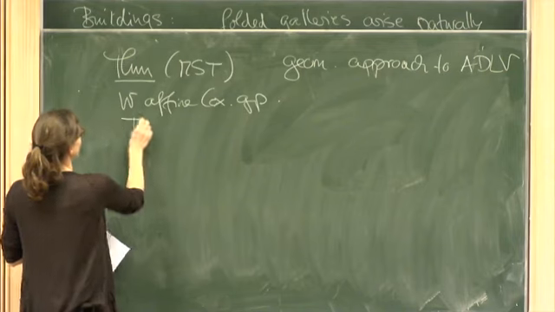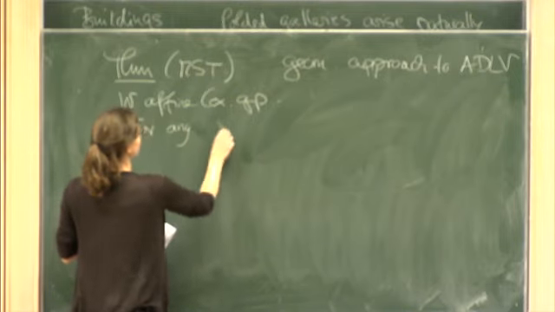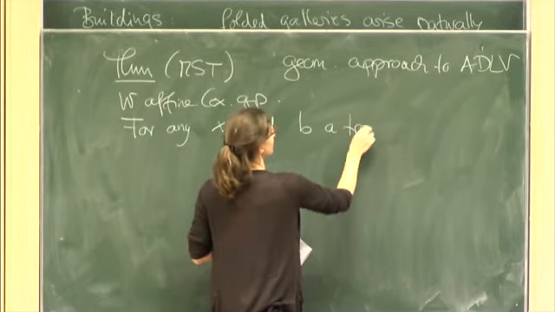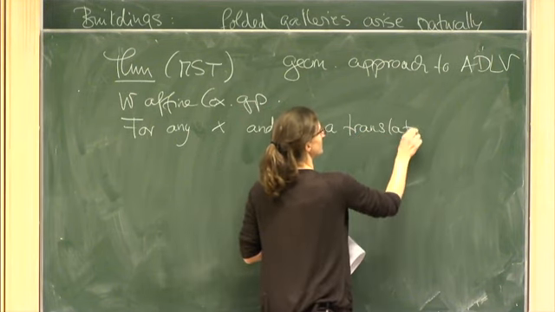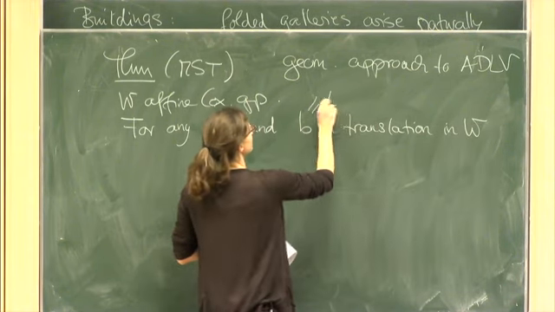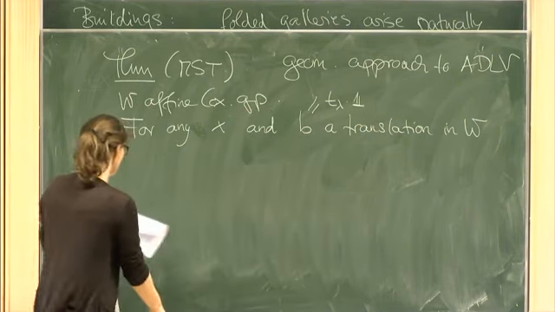And then for any x and b some translation in W, that means b is of the form t to the lambda times the identity.